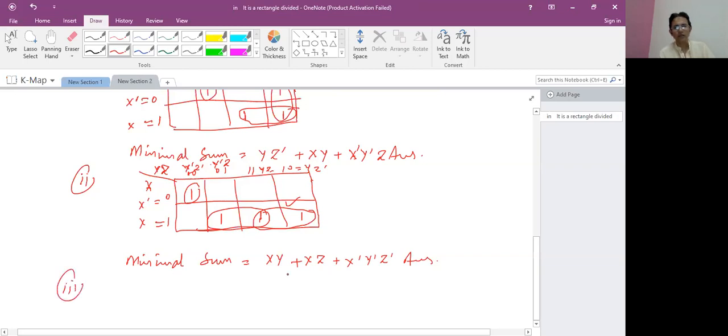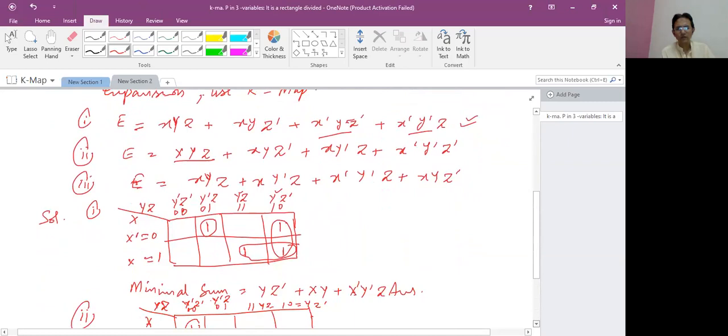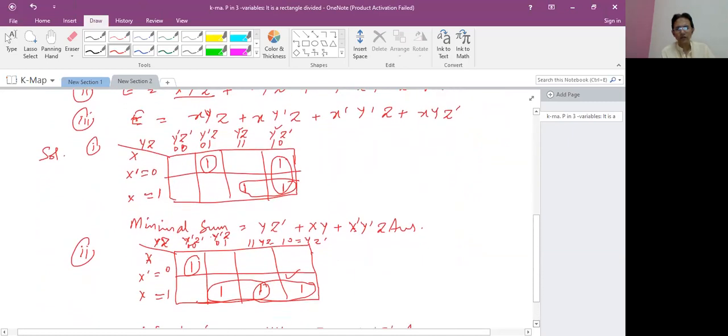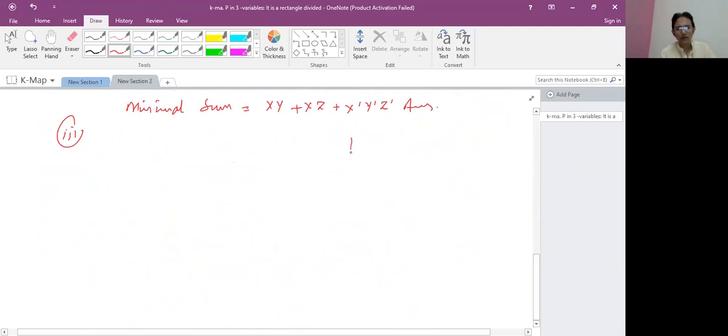Now the third application we will consider here, according to the third expression. So first we draw a box, then we consider a rectangular box.